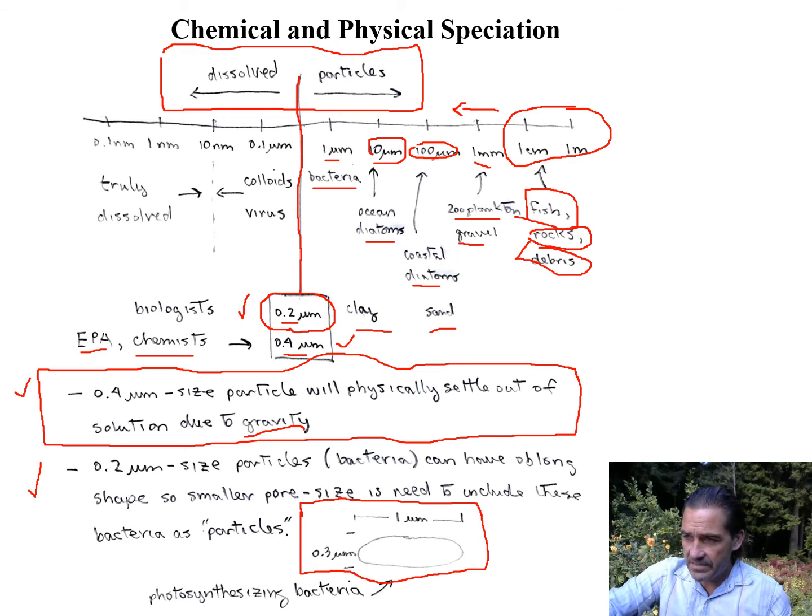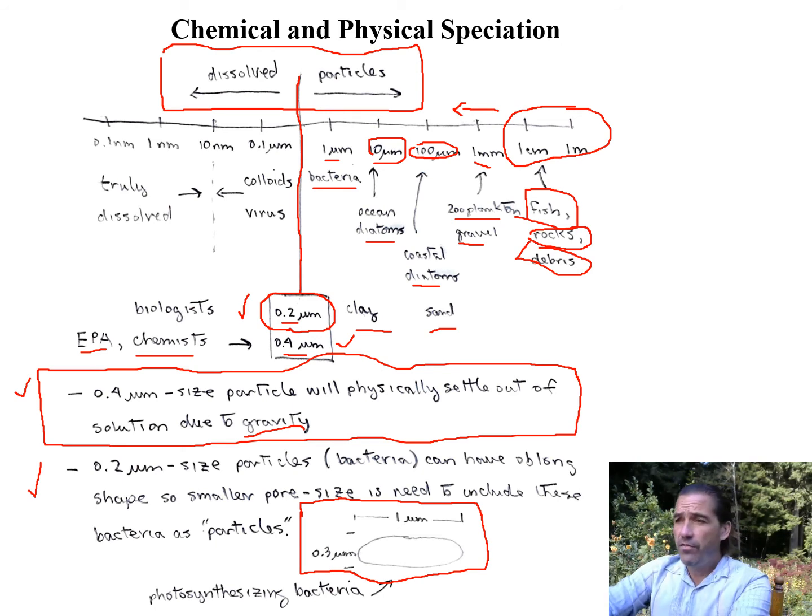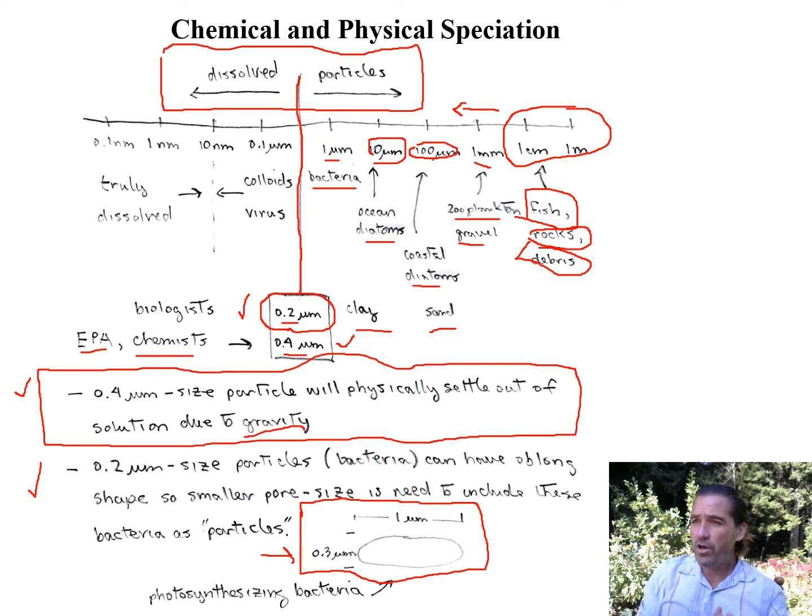And so in that case, the bacteria could actually get through the filter and be counted as dissolved based upon its shape. And so by using a 0.2 micron filter and this cutoff, we will assure that all the bacteria get counted as being particles, particulate, and not dissolved.